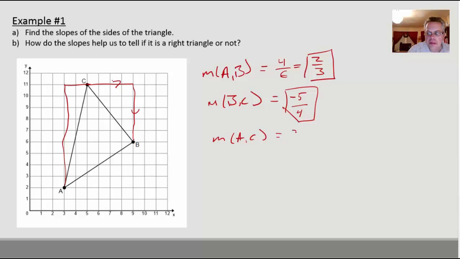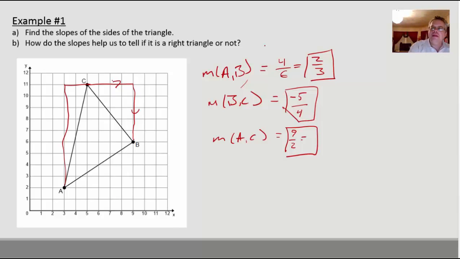So the slope is 9/2, which is already simplified. I'm just double checking here: over 6 and up 4, over 4 and down 5, and then up 9, 1, 2, 3, 4, 5, 6, 7, 8, 9, and then over 2.